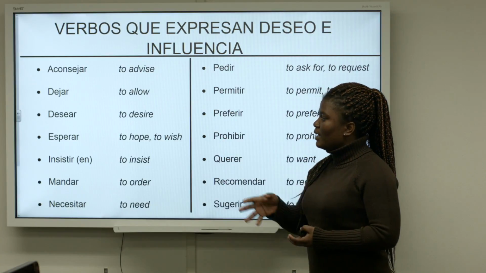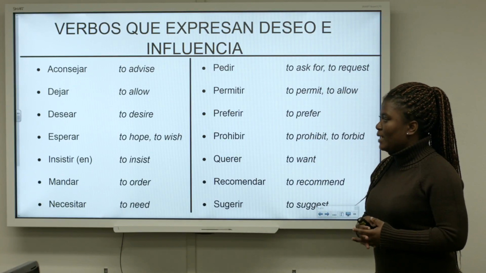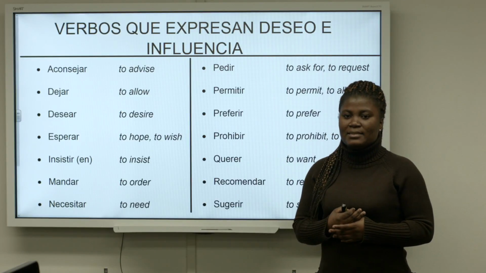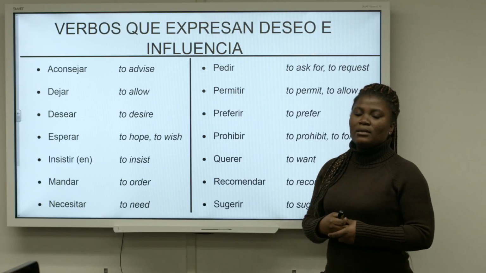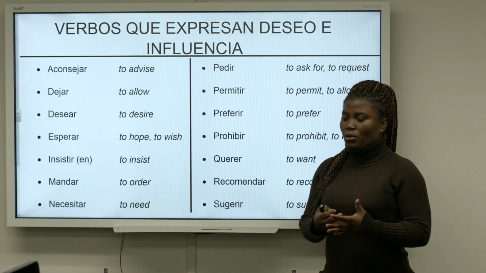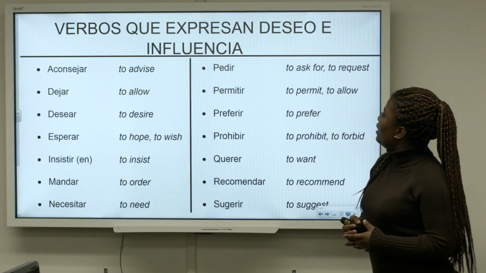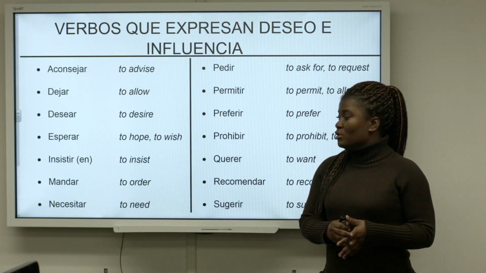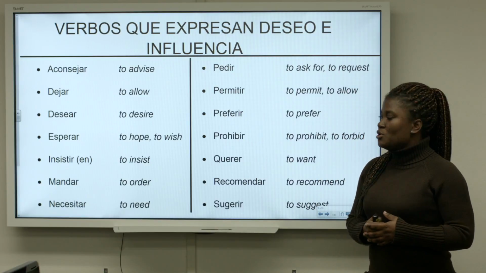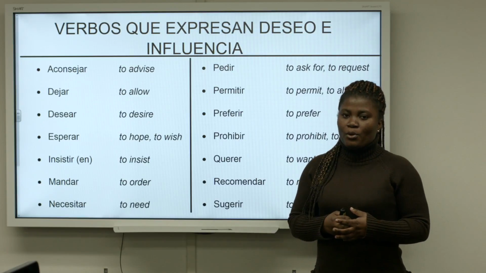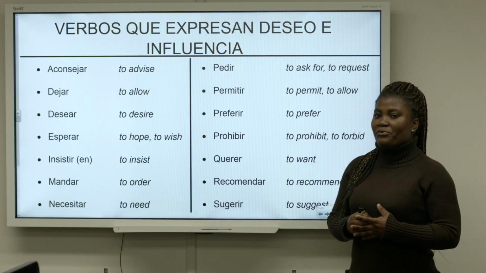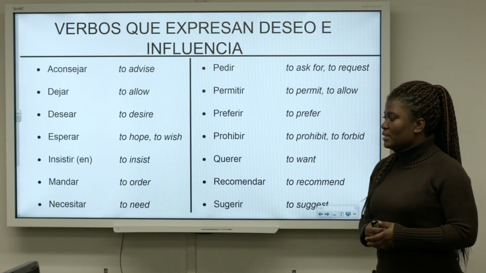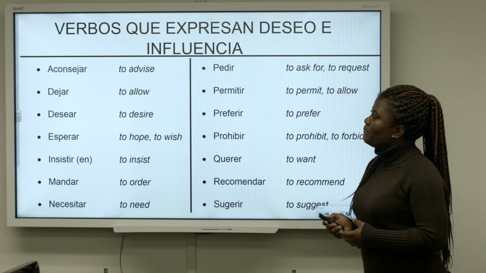So we have aconsejar, to advise; dejar, to allow; desear, to desire; esperar, to hope or to wish; insistir en, to insist on something; and then mandar, to order; necesitar, to need; pedir, to ask for or to request; permitir, to permit or to allow; and then we have preferir, to prefer; prohibir, to prohibit or to forbid; and then we have querer, to want; recomendar, to recommend; and then sugerir, to suggest.